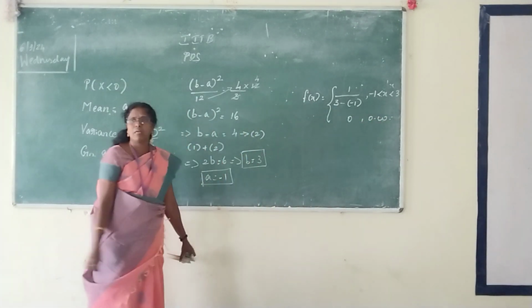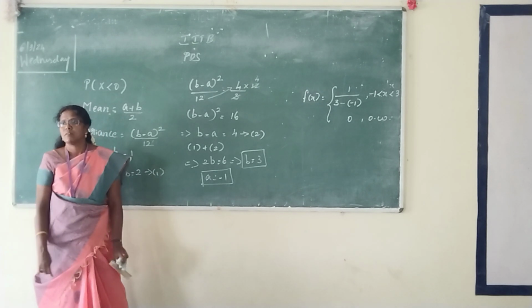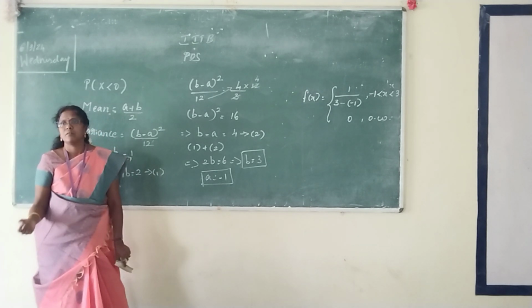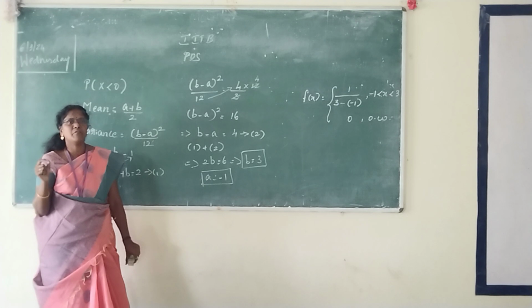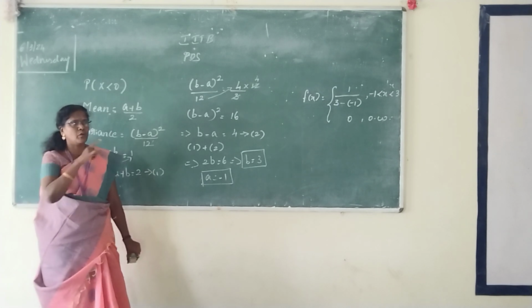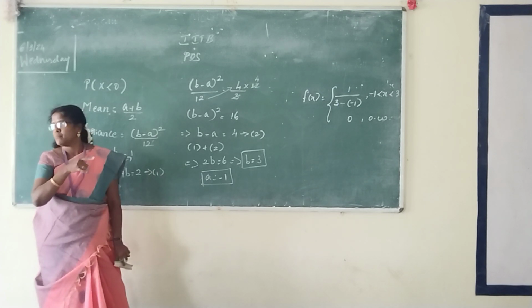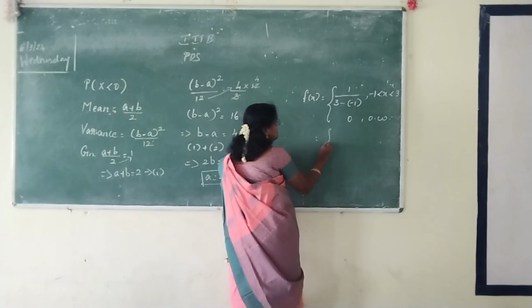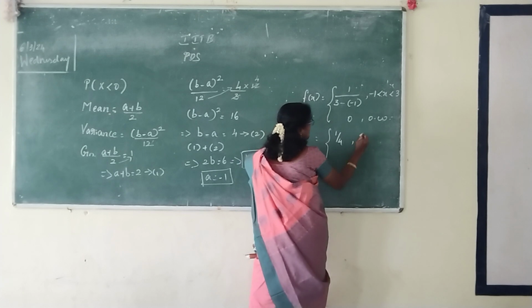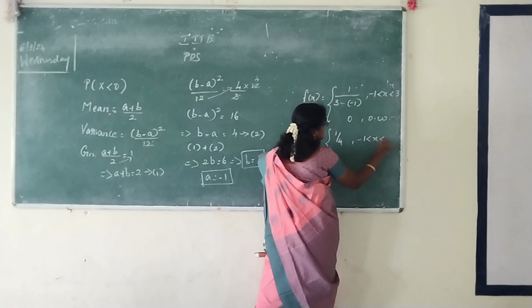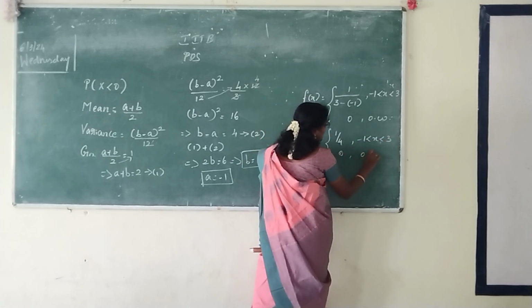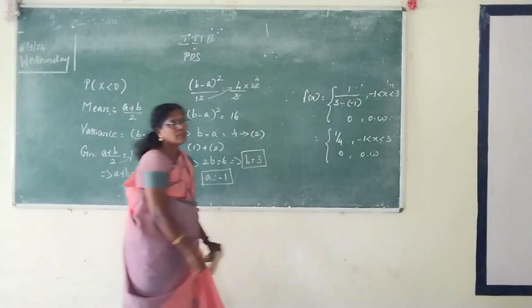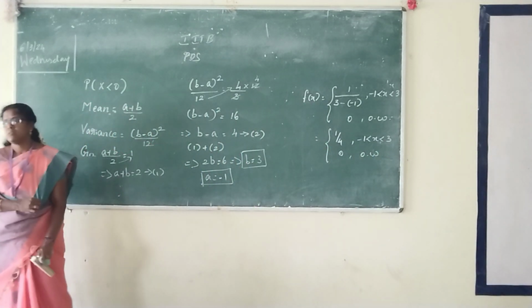What will happen to the denominator? 3 plus 1 will give you 4. Be careful with the positive and negative signs. So what will f of x be? 1 by 4 for the interval minus 1 less than x less than 3, and 0 otherwise. So this is our f of x.